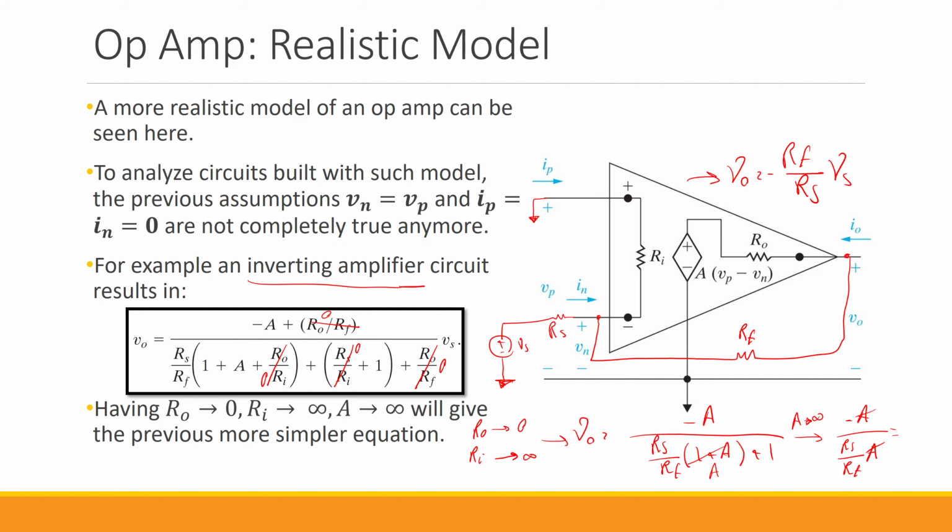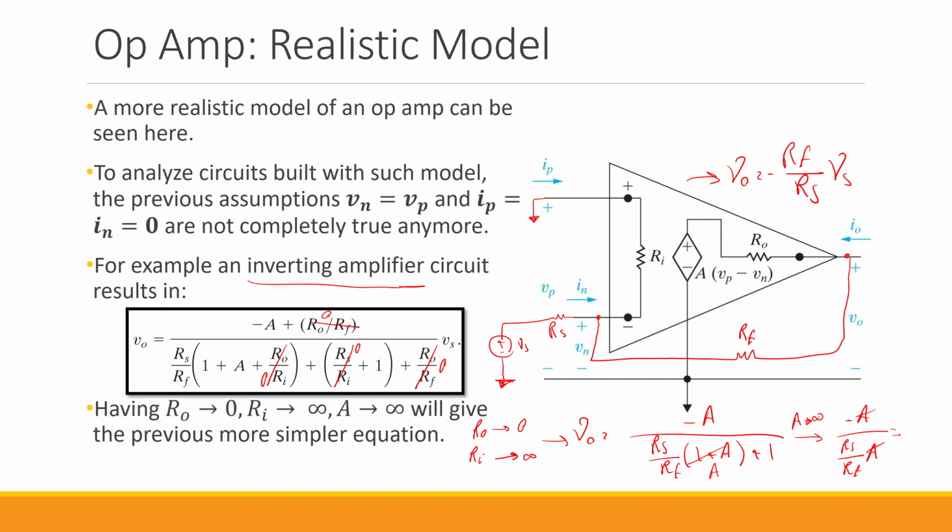Even though we made some simplification, let's say if A was 100,000, the numerator and the denominator coefficients that we have here are very, very close to each other.